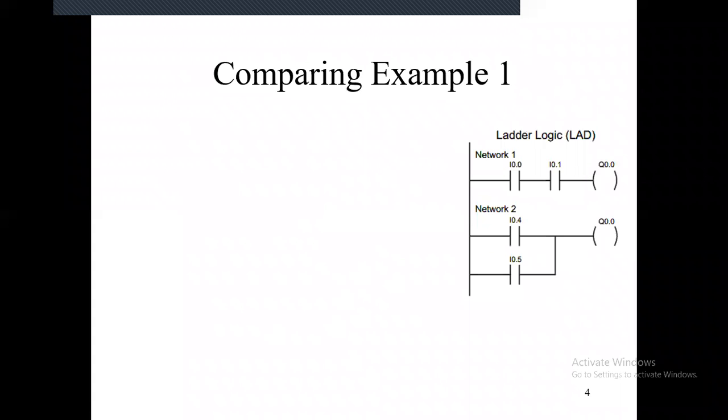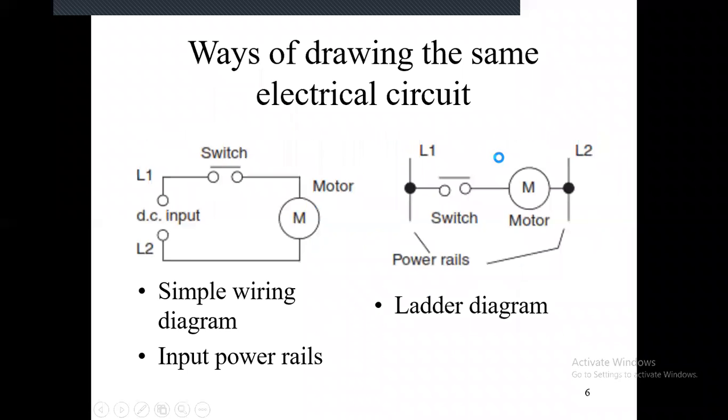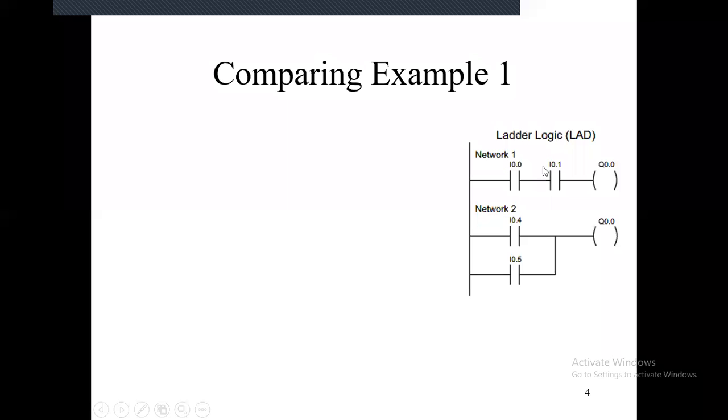Okay. We also saw the comparison of ladder logic. We have networks, so in all of these 3, STL, FBD, and ladder, we have networks. Ladder has network 1, which is the first logic, where input 0.0 and input 0.1 turn on Q 0.0.